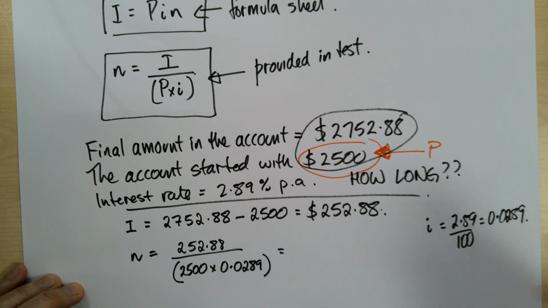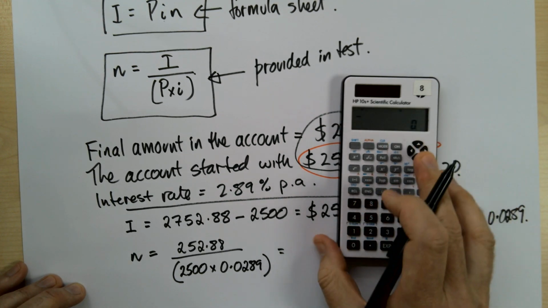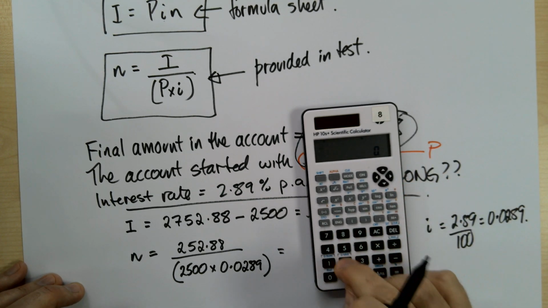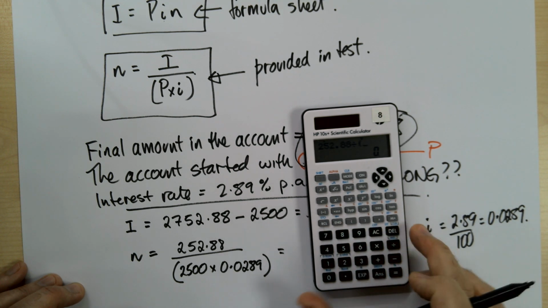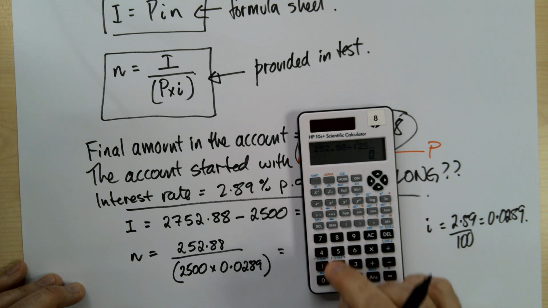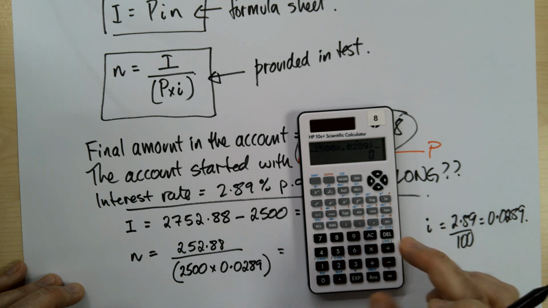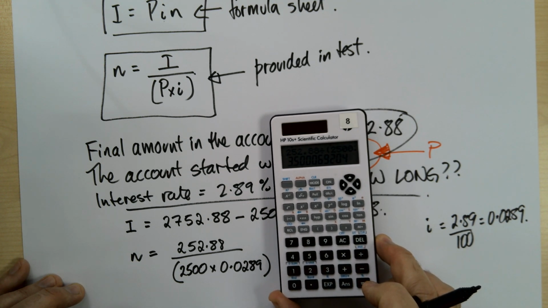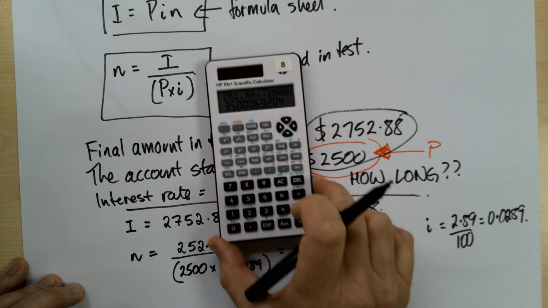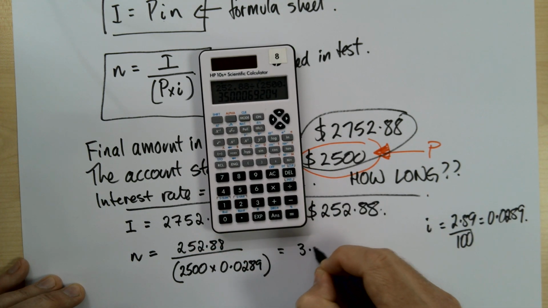So 252.88, divide, open the brackets, 2500 times 0.0289, close the bracket. It's 3.50000069. Pretty close enough to 3.5.